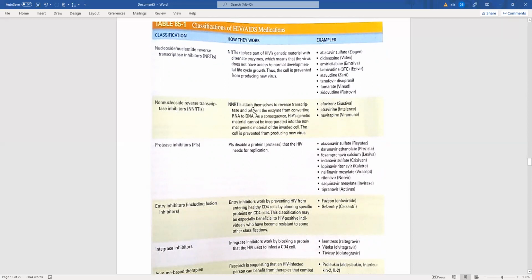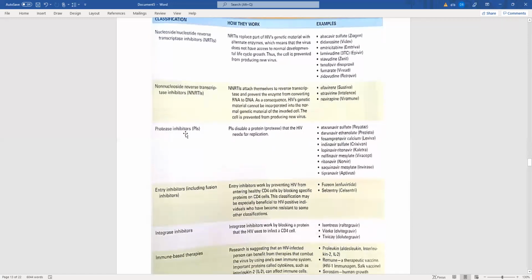That's what these inhibitors do, and it's the important part, because HIV uses its RNA to change the DNA of a person. So HIV genetic material cannot be incorporated into the normal genetic material of the invaded cell. The cell is prevented from producing new virus.